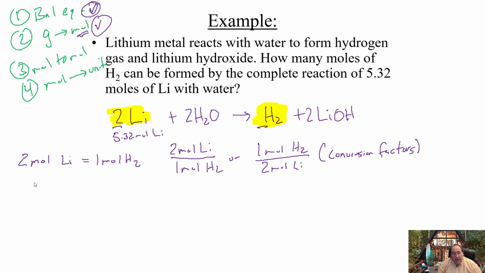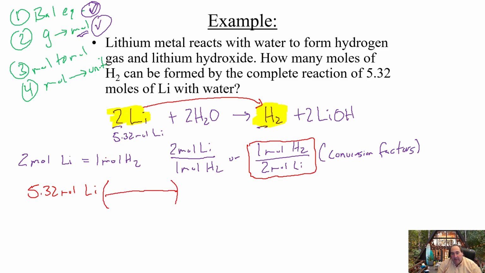So if we go back to starting with what was given to us, which was 5.32 moles of lithium, we want to get rid of lithium and end up over here at H2. So we need lithium to be on the bottom, so it's opposite. We do need to use the conversion factor on the right to do that: 2 moles of lithium on the bottom and 1 mole of H2 on the top.